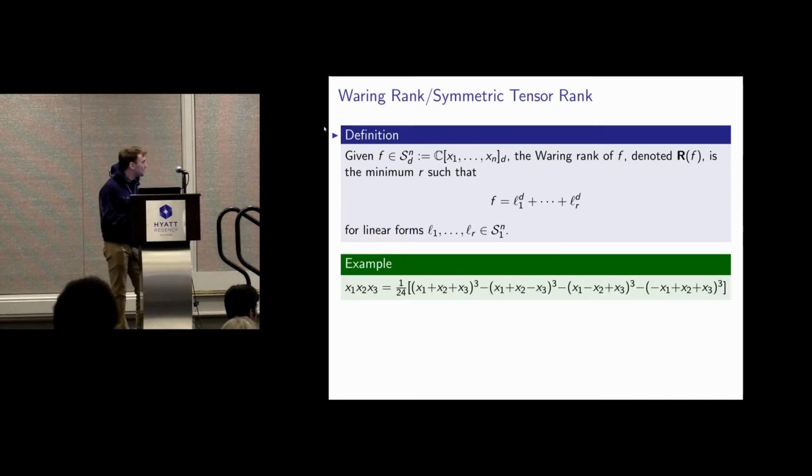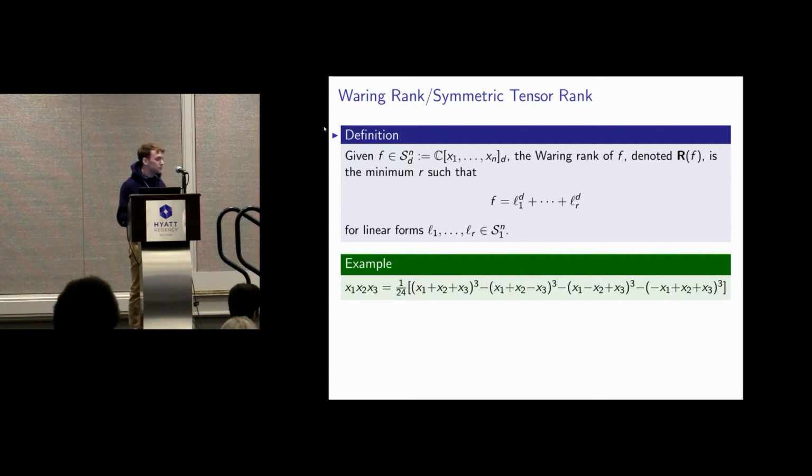So, for example, it can be checked that the monomial x1 x2 x3 can be written as the following linear combination of 4 cubes of linear forms. And of course, since we're working over the complex numbers, you can always absorb the coefficients outside the linear forms. So this shows that the Waring rank of this monomial is at most 4.